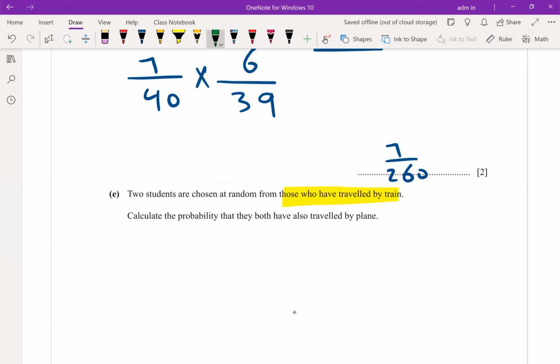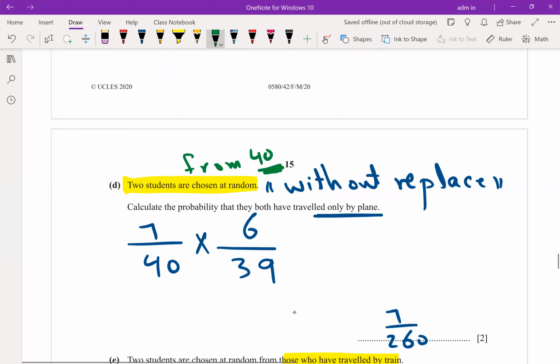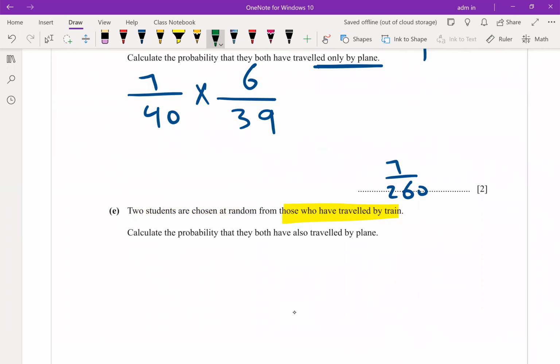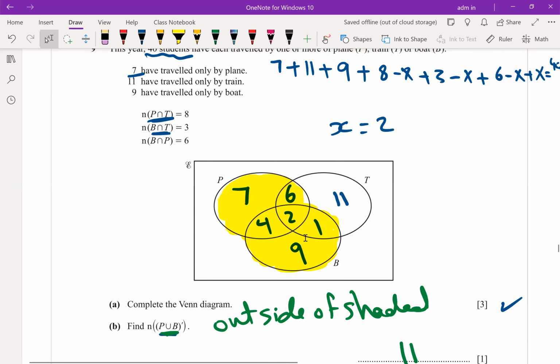So the difference between part D and part E: in part D, 2 students are chosen at random from the total. But in part E, 2 students are chosen at random from those who traveled by train. How many traveled by train? 7 plus 11 to get the total.